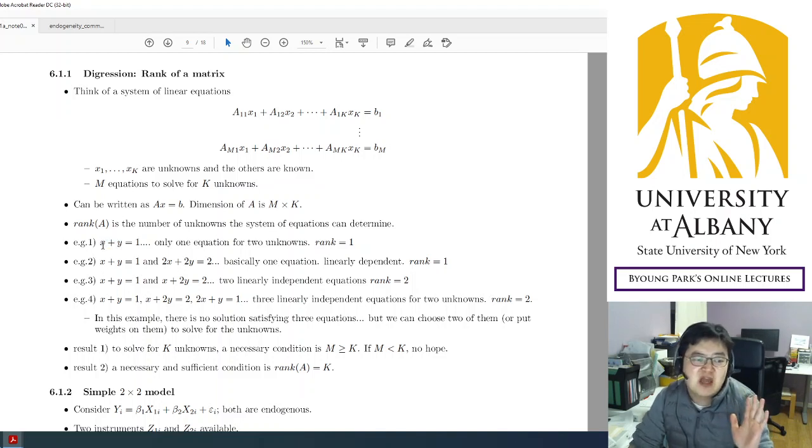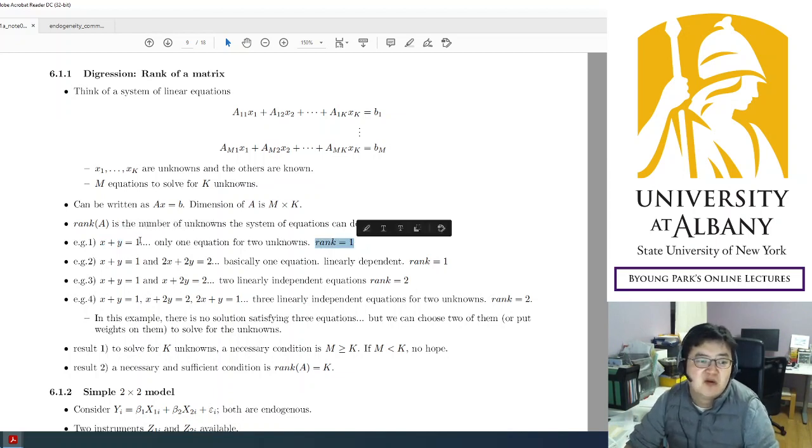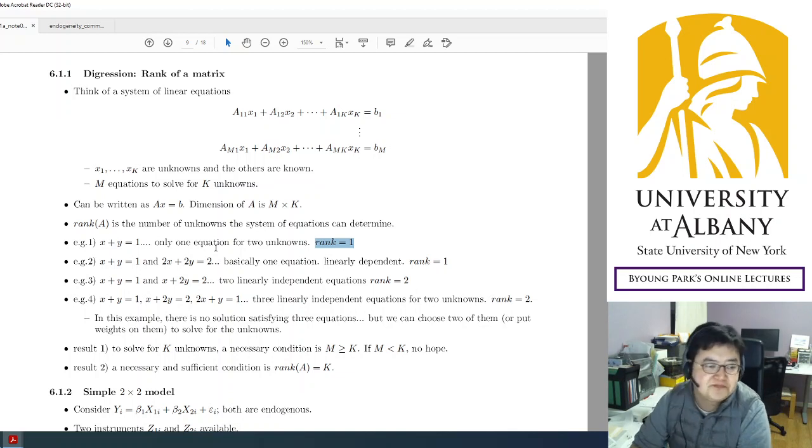Like if you know that x equals 0, then you can determine y equals 1, right? That's the maximum this equation can do. So the rank is 1. Only one equation can determine only one variable. The other variable should be assumed. It cannot solve for 2. It can solve for only 1.